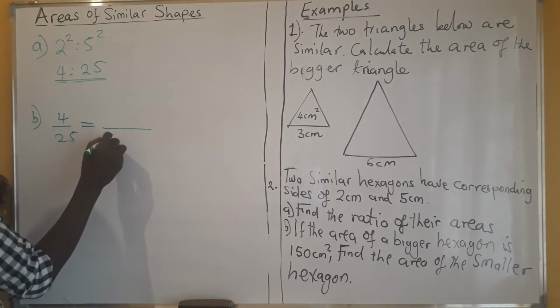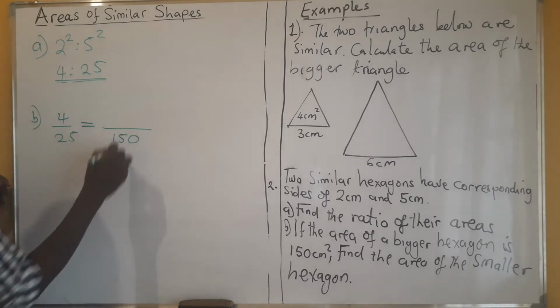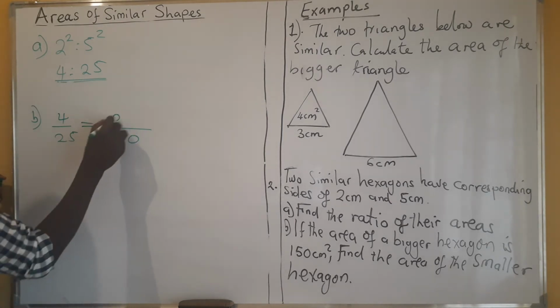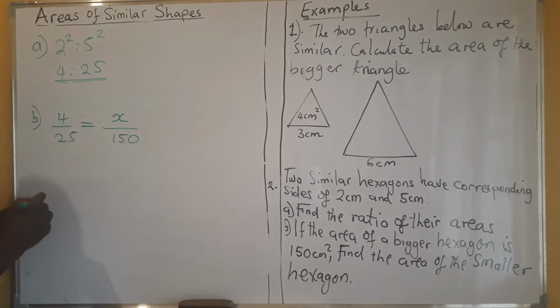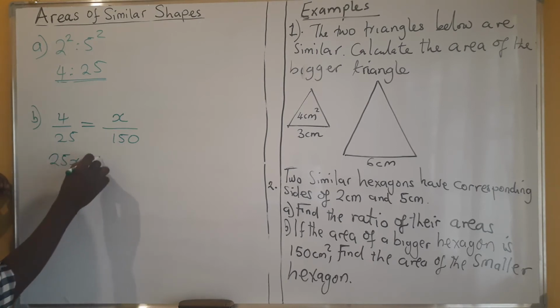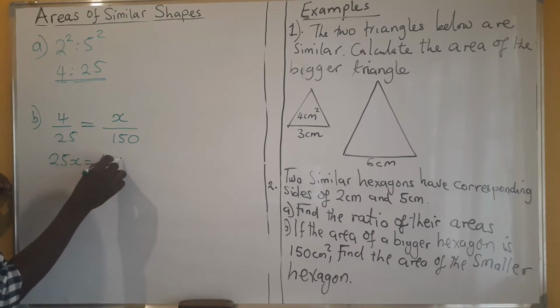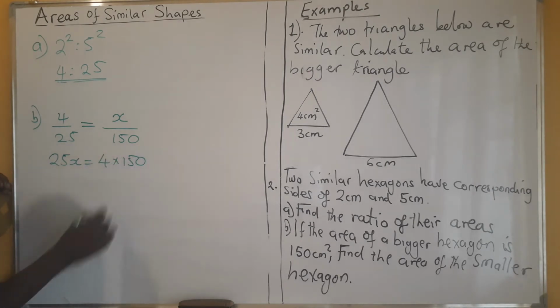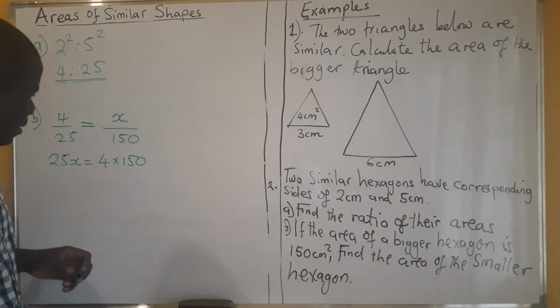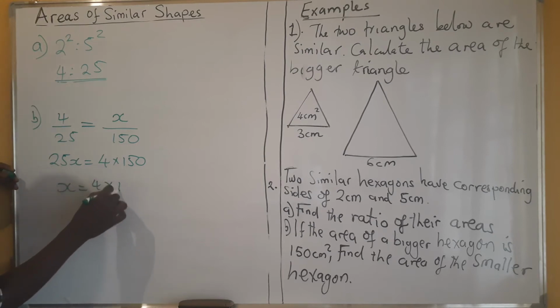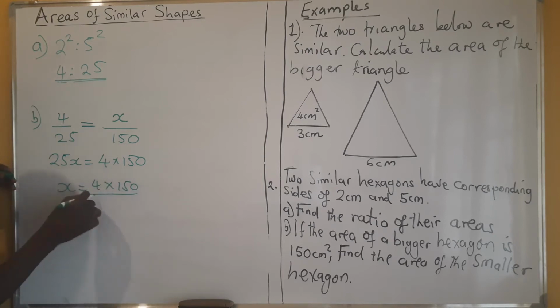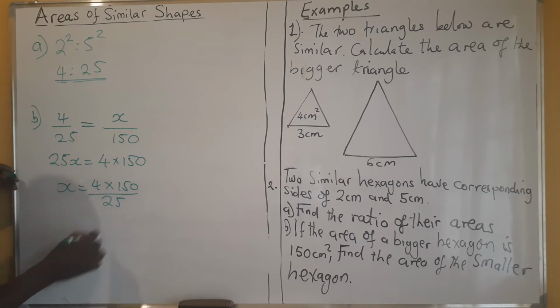Down here, this is supposed to be 150, and then this is what we are looking for here. So we need to cross multiply. How do you cross multiply? We have 25x is equal to what? 4 multiplied by 150. Then we say x is equal to 4 multiplied by 150 over 25.